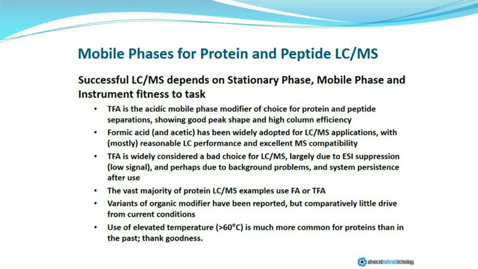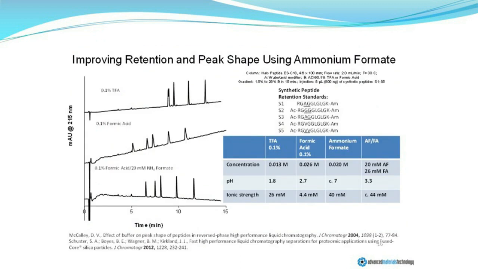Now, the first foray we had into this was several years ago, and I'll point out a reference here from 2012 on the bottom of the slide where we discussed this in some detail. But the original purpose was to address this difficulty we had between what was good for mass spectrometry versus what was good for chromatography.